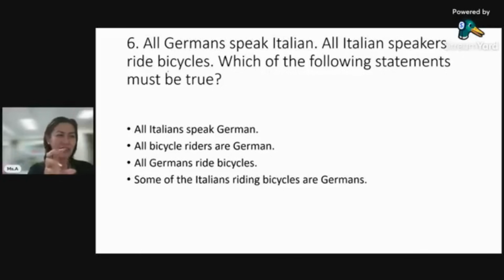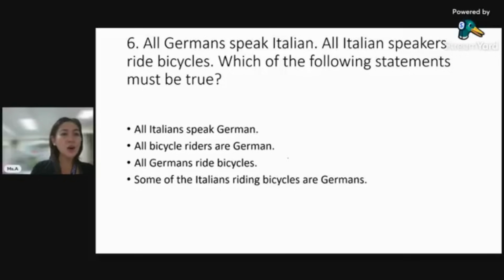So stick tayo doon. So all Germans, ang lahat ng mga Aleman ay nagsasalita daw ng Italian. Okay? And then lahat po ng mga Italian speakers ay marunong or sumasakay po ng bike or bisikleta. So alin po ang tunay or rather tama at totoo dito sa mga given na answers?